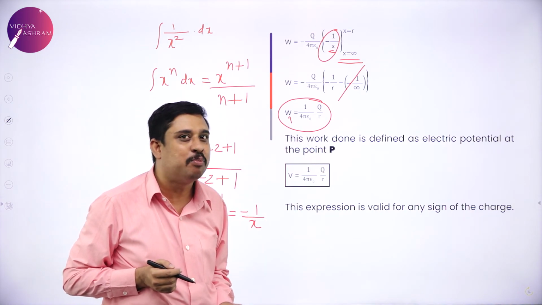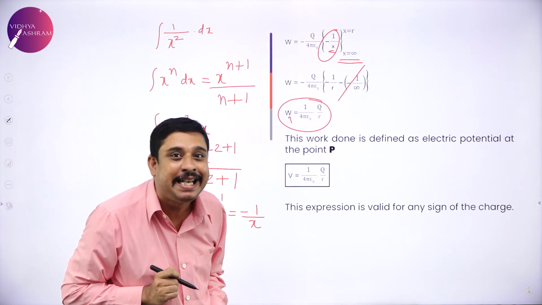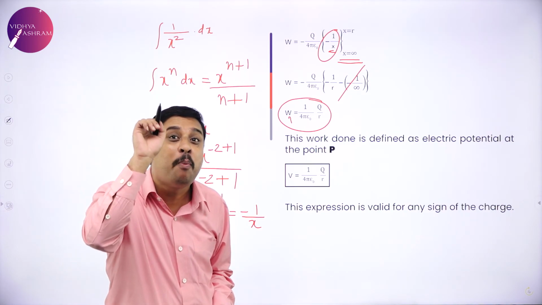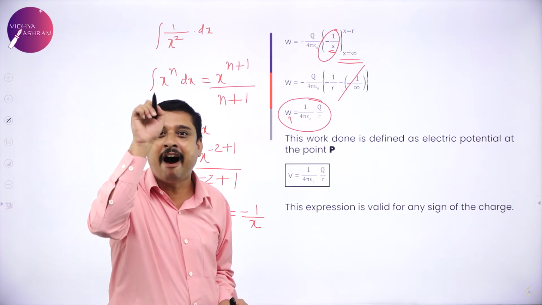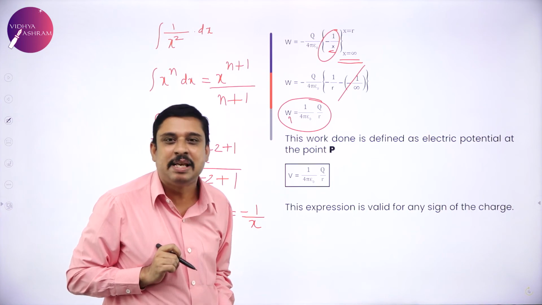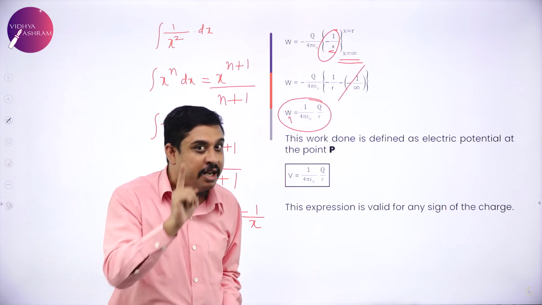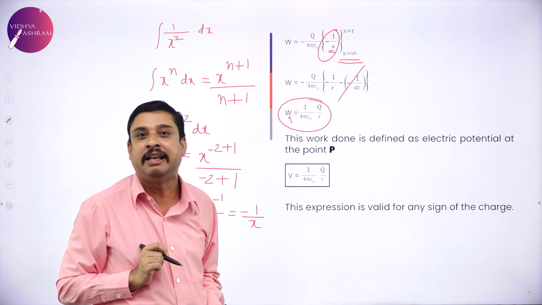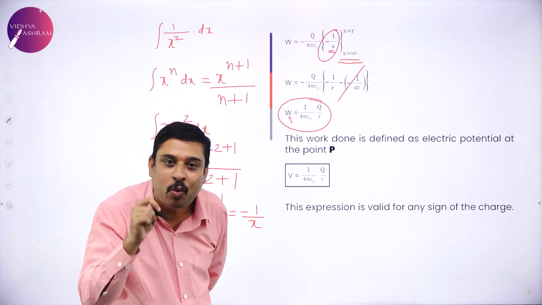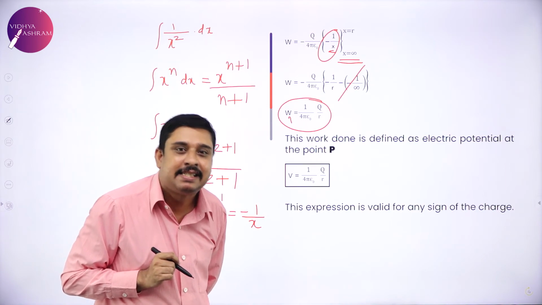So my students, if you observe here, when I derived electric intensity due to a point charge, it was Q by R square, charge by distance square. But here, it is charge by distance. Know this difference. Sometimes you get confused. Intensity is charge by distance square, whereas potential is charge by distance.